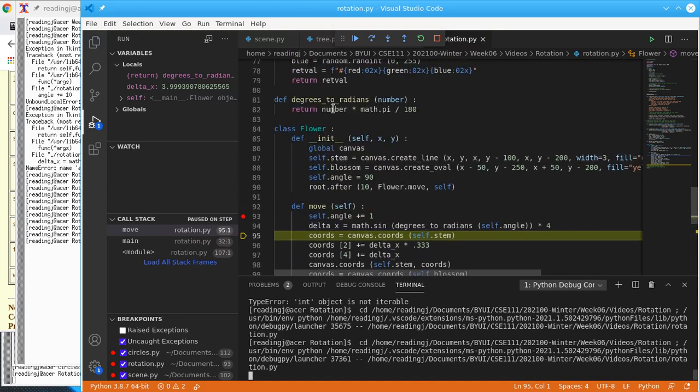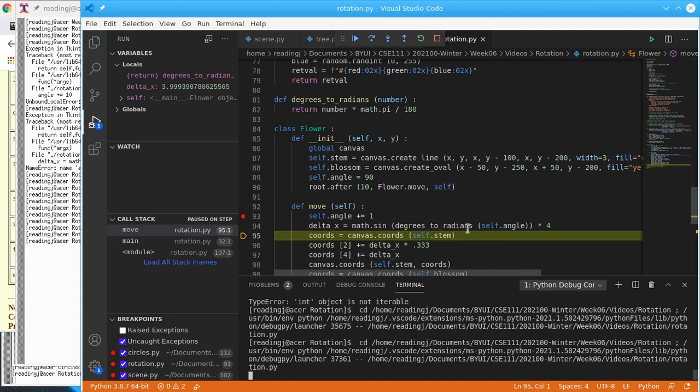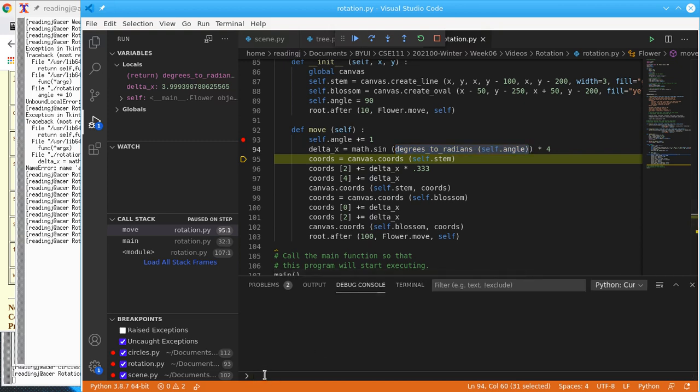So remember math.pi, math.sin of degrees to radians. If I take that and put that down here in my debug console, that's 1.5, yeah.